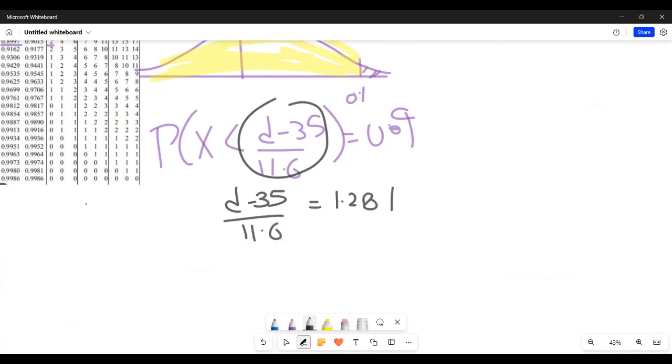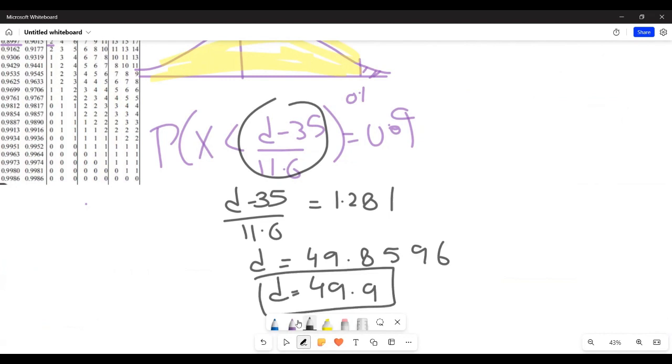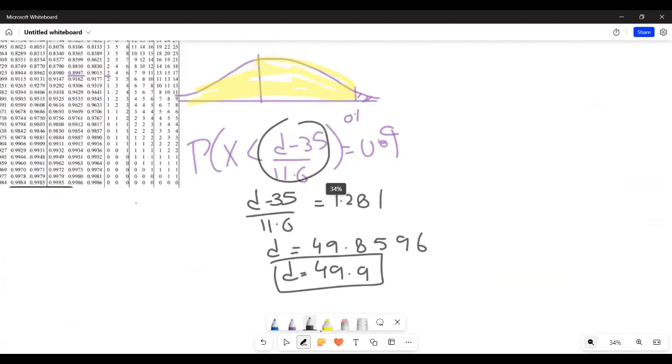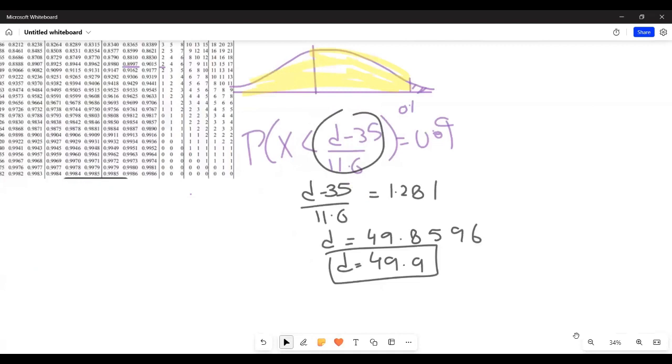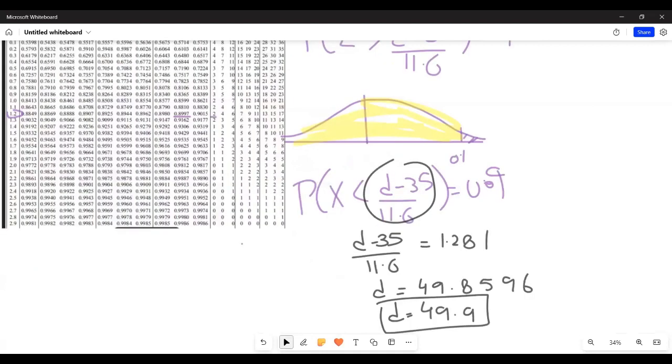When you solve this, you get distance equal to 49.8596, rounded to 49.9. Okay. Next question.